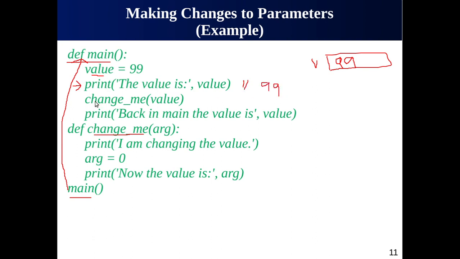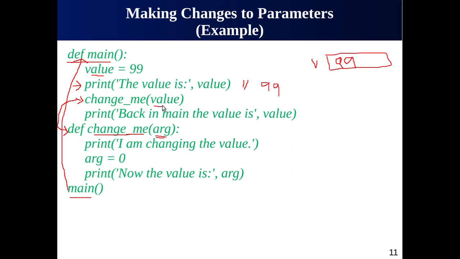After that, we have a call. Remember, you can call a function within the body of another function. So we have a call for another function, and the control will transfer here. Whenever you want to call a function, you have to provide it an argument.